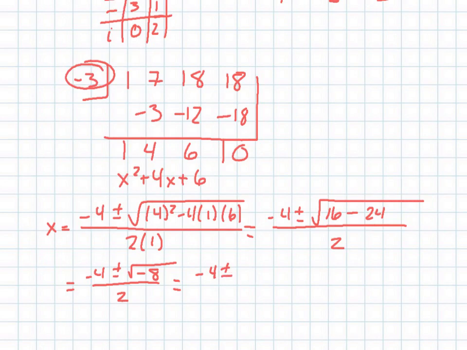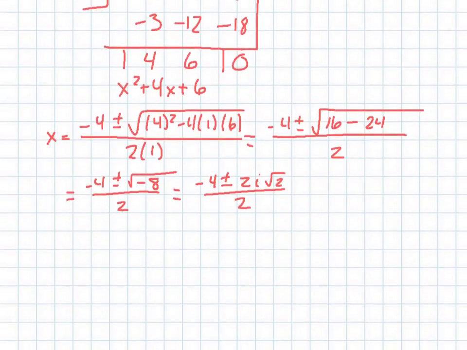So the square root of 8 reduces to 2 square root of 2, but then taking out the negative, it would be 2i square root of 2, divided by 2. Each term has a 2 involved, so I can reduce all of them by 2. So that means I get negative 2 plus or minus i square root of 2. Remember, the radical inside that does not reduce.